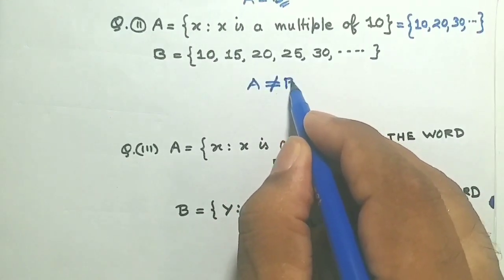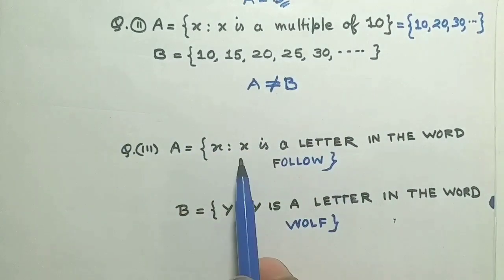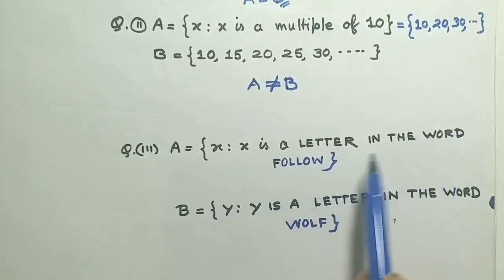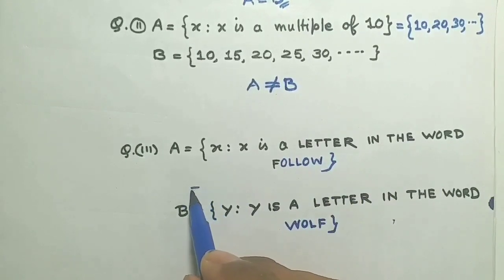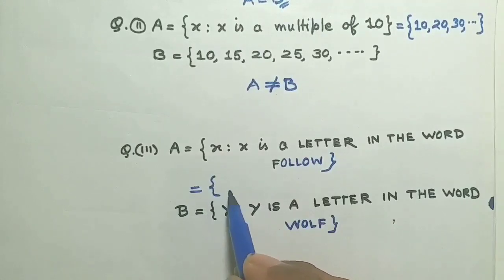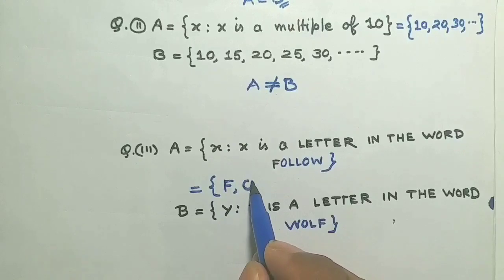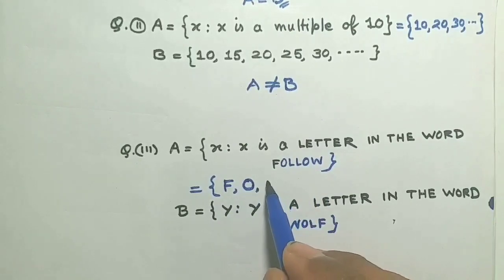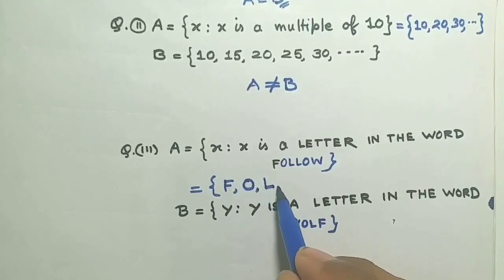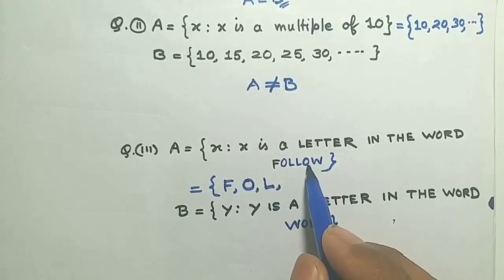That is how we will write it. Now in 3, x is a letter in the word follow. What are the elements in A? Let's write them. First F, then O, then in place of the double L we write only one single L, because this is the way of writing elements in a set.